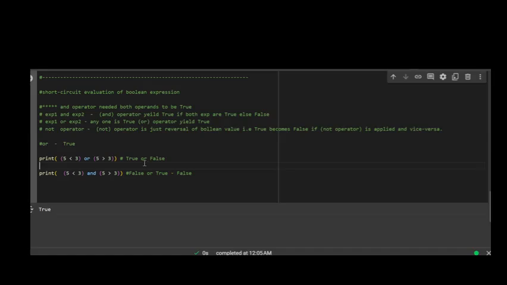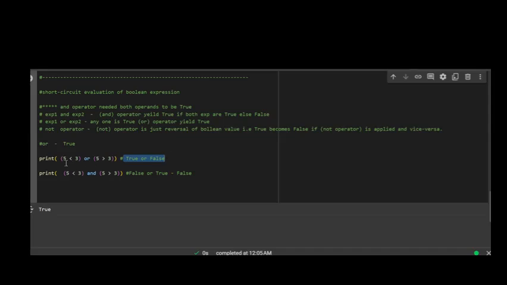Whenever there is an or operator and any one of the values is true, the result will be true. So the short circuit question is: do I need to evaluate the second statement if my first expression becomes true? No, when I know that one value can give me the end result.